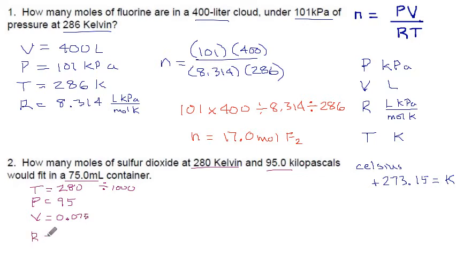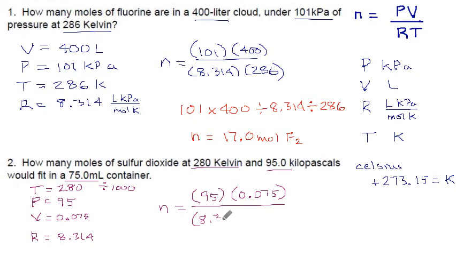And the ideal gas constant is always the same number. I'll write it down just to remind you, 8.314. So our number of moles is PV over RT. 95 times 0.075 divided by 8.314, also divided by 280.